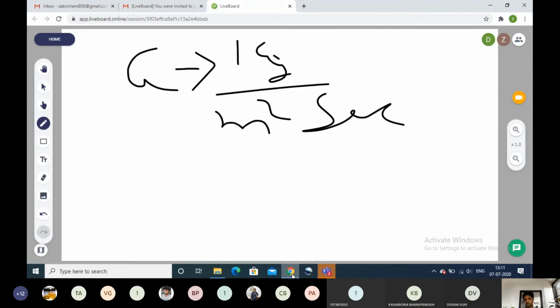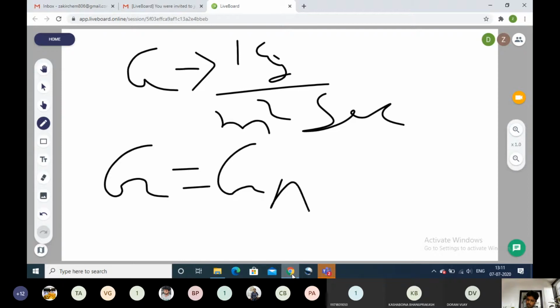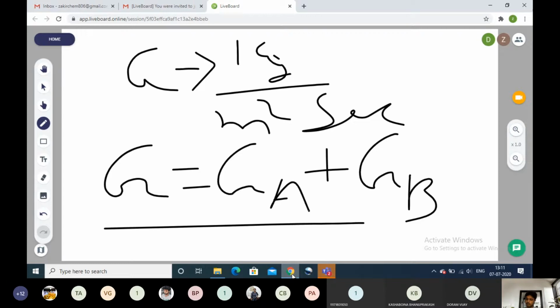From the composition law, we can write G, the total mass velocity, is equal to the mass velocity of component A plus the mass velocity of component B. Only two components are there in your system. Then what is mass velocity?